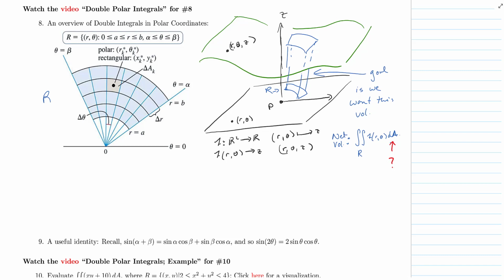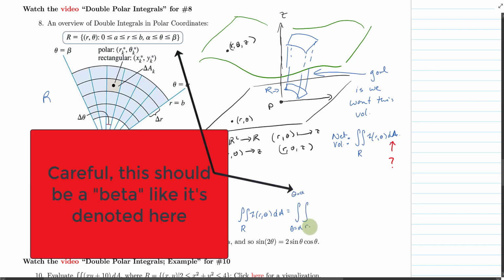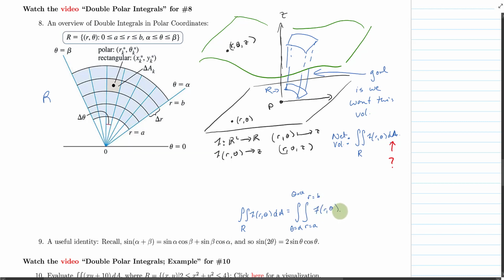And by the way, let me just let the cat out of the bag. In class, we're going to develop the double integral of f of r theta dA, and we'll say that, similar to Fubini's theorem, we can evaluate this as an iterated integral from some theta equals alpha to some theta equals beta, from some r equals a to some r equals b, of our f of r theta, and then, not quite what you would expect, or maybe you do, the equivalent of the dA here is going to be r dr d theta.